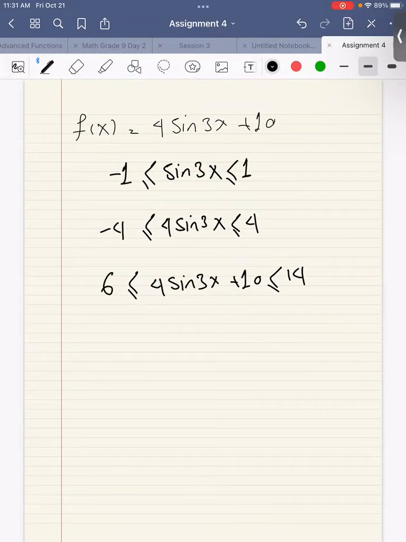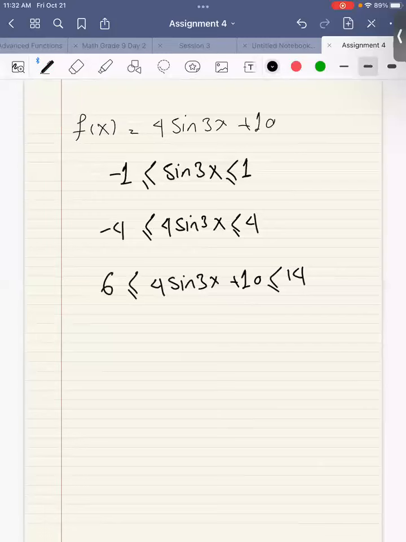And that makes sense because the minimum point is where sine is -1. So 4 times -1 is -4, plus 10 is 6. Maximum point is where sine is +1, so you get 4 times 1, which is 4, plus 10 is 14. So you just need to find the maximum point and the minimum point. Here they are 6 and 14.